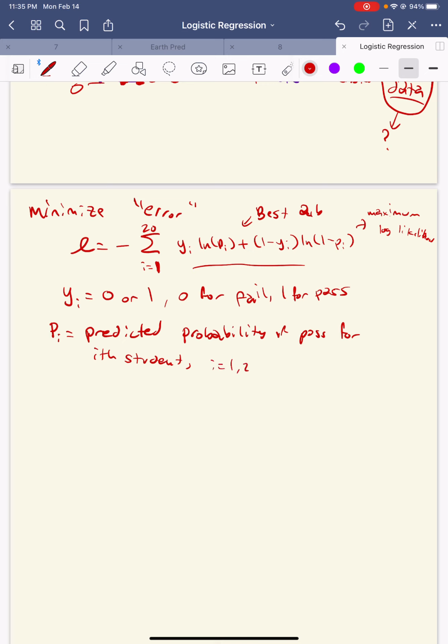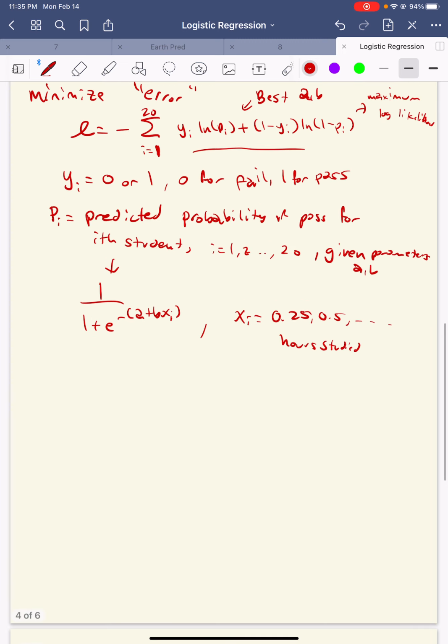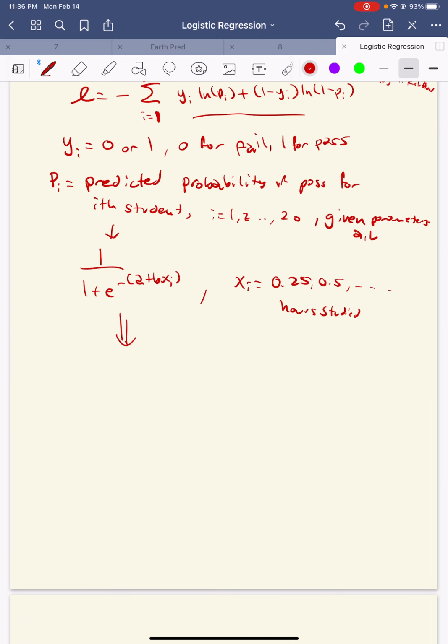And again, i goes from 1 down to 20, where the predicted probability is given parameters A and B. So in this case, this would be 1 over 1 plus e to the minus (a plus b x_i), where x_i was the 0.25, 0.5, the hours studied. And if you plug this into a computer program, this is not something you can solve easily by hand. You need a computer, basically.